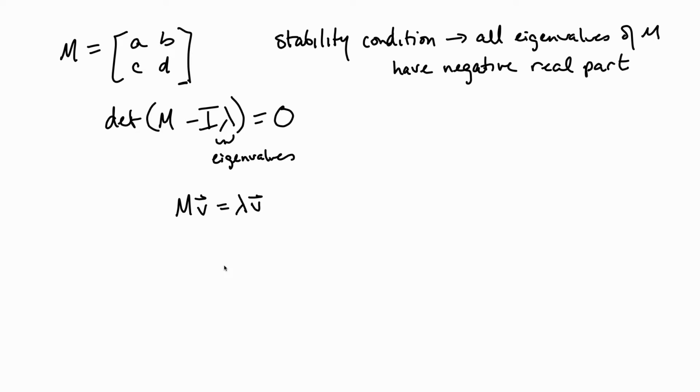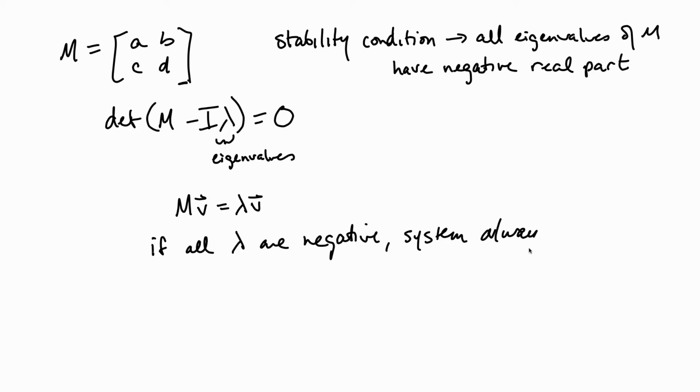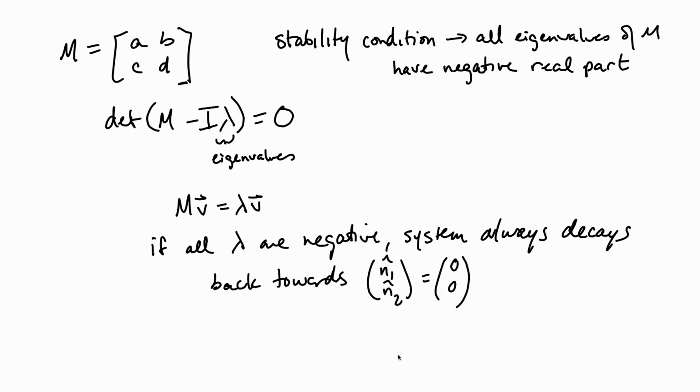So if all the lambda are negative, the system always decays back towards the equilibrium at 0 and 0.